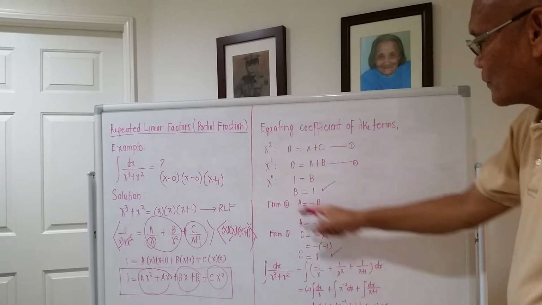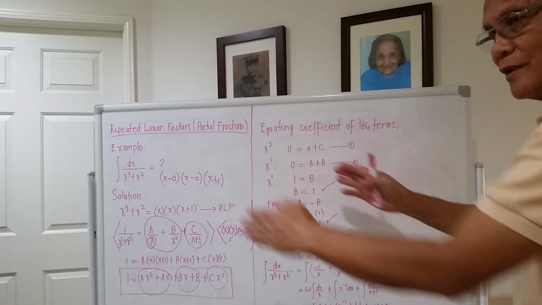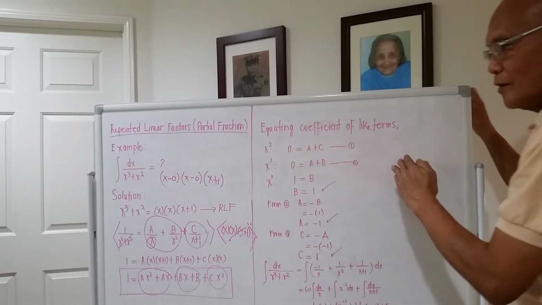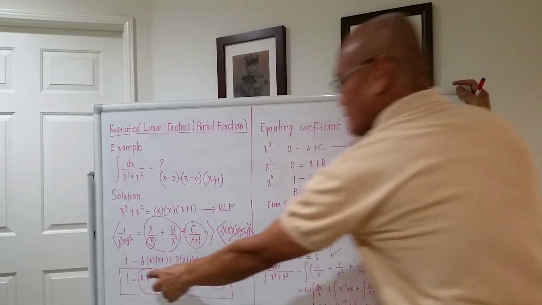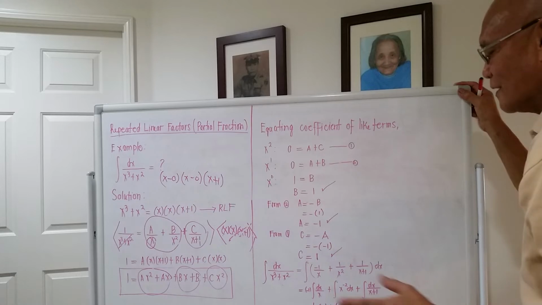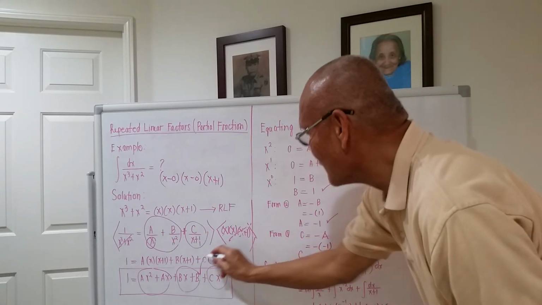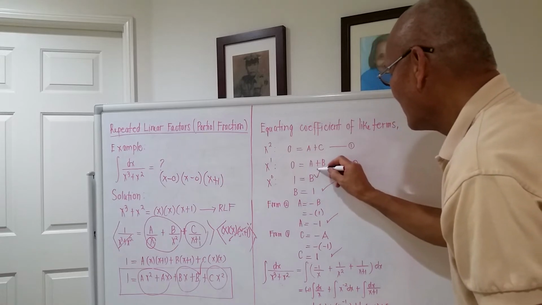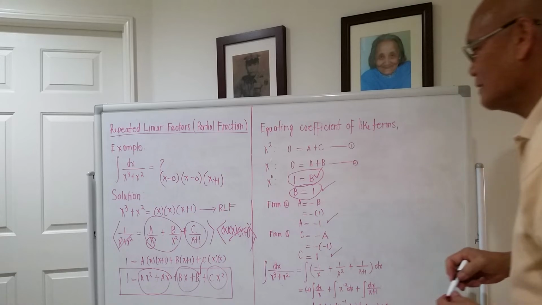Equating coefficients of x to the 0, meaning all constants on the left and all constants on the right: the constant on the left is 1, equal to the constant on the right, which luckily is simply B. And we now know the value of B. Therefore, B is equal to 1.